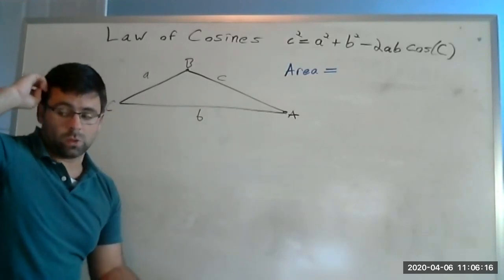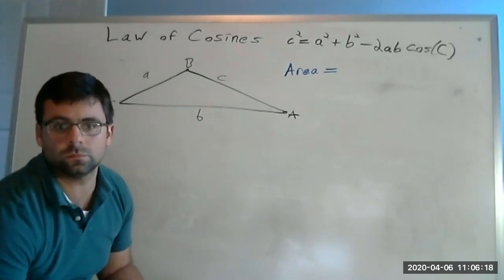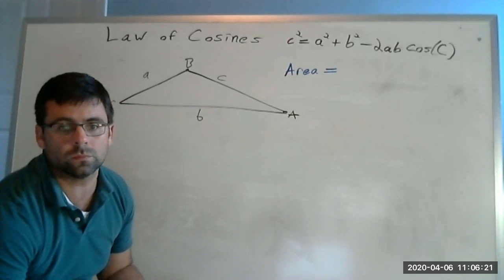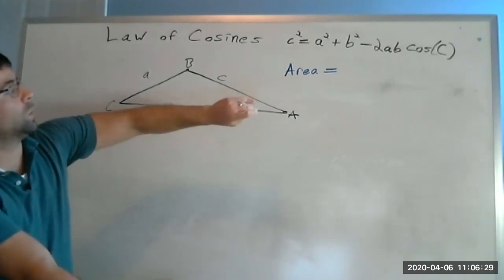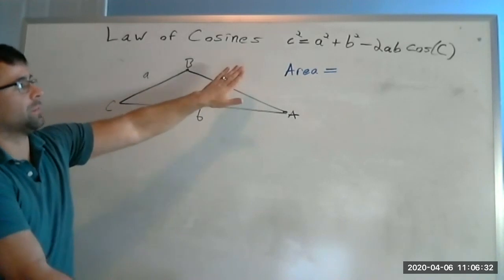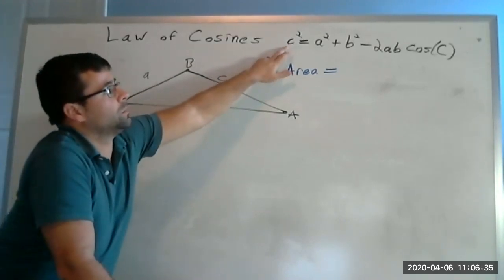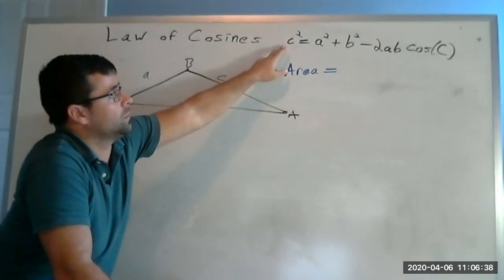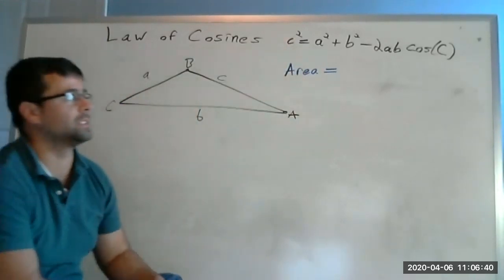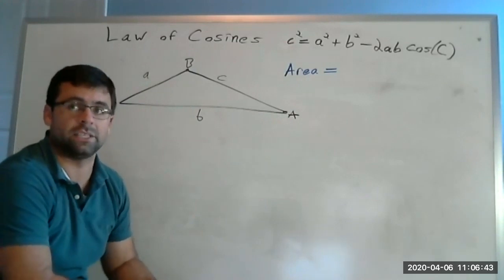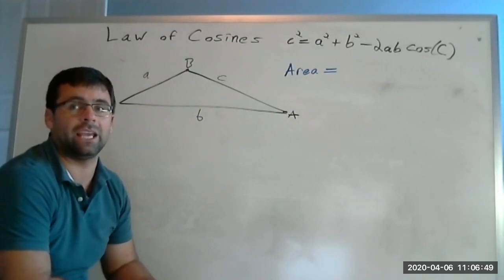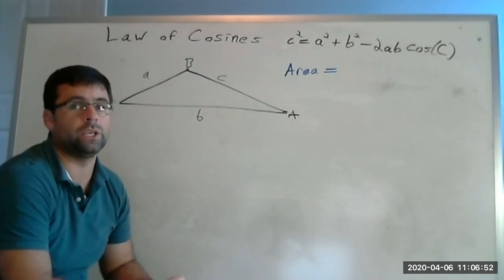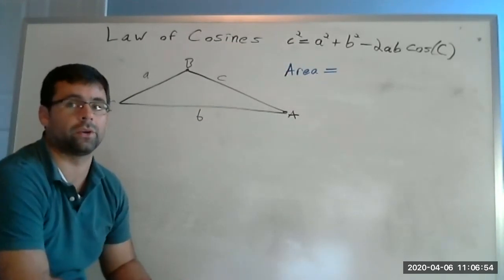The law of cosines looks like this in its basic form: c squared, which is a side length, equals a squared plus b squared minus 2ab cosine C. So it relates two sides and the angle between them to the length of the third side.